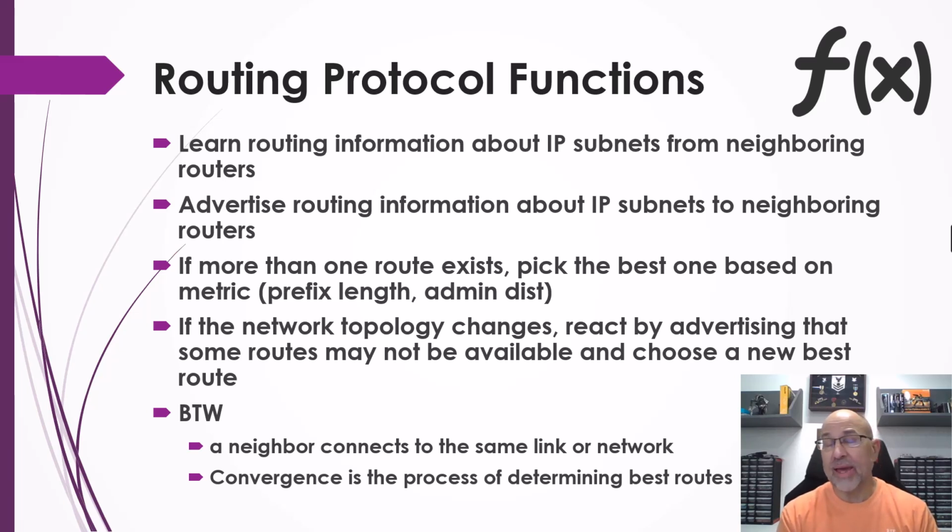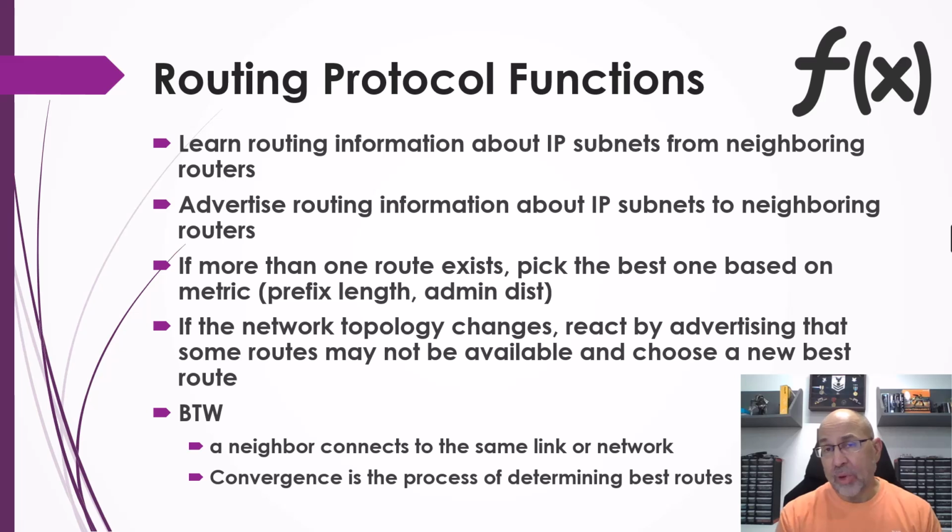The way that we do that is with admin distance. And then if everything else is the same, is there something else that we could use? Well, it turns out that the big dog, the thing that's over everything else, is the prefix length, meaning that we want a mask that gets us closest to the destination. Now, technically, that's not part of this chapter. That's just a little foreshadowing.